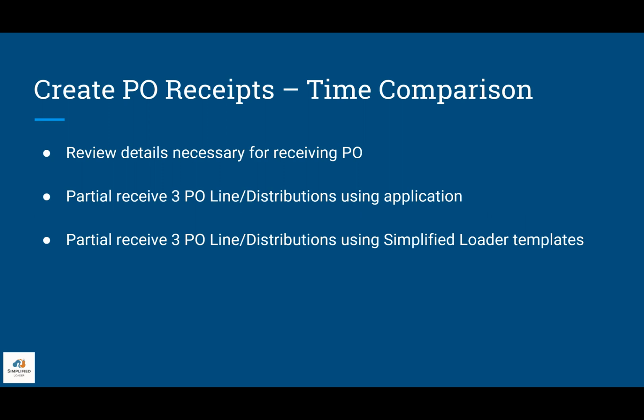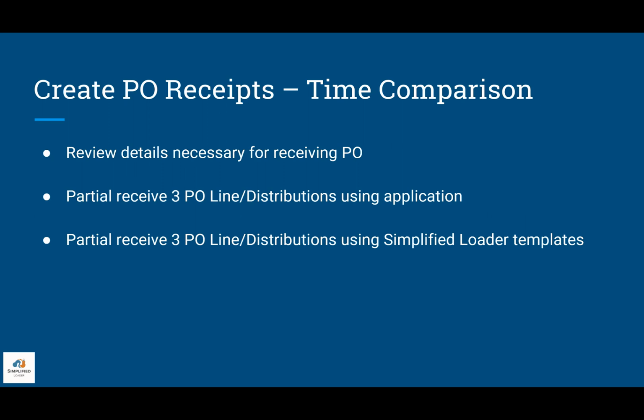So basically, as a scenario, I'm going to do partial receiving on 3 purchase order lines or distributions using the application, and then I'll do 3 purchase order line receiving using the simplified loader template.